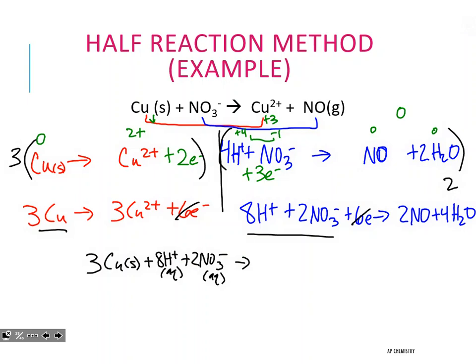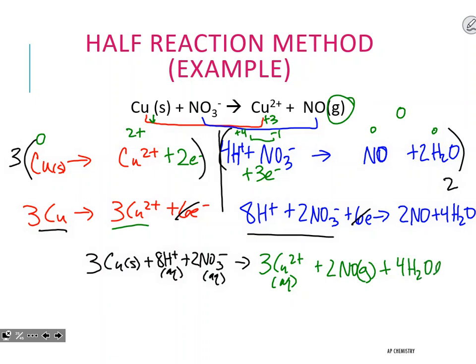So 3Cu2+ AQ because it's an ion. 2 nitrogen monoxides, it did tell us up here it's a gas. And 4 waters, what are you going to label water as? Liquid. There you go. So that is the final balanced redox reaction.